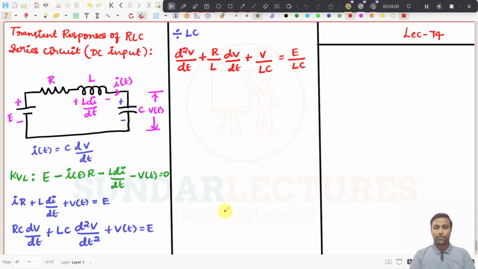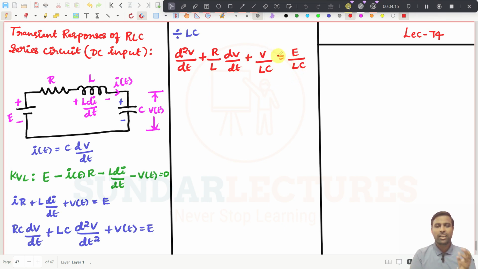This is the expression, and you see this is a second order differential equation, and we know how to find the characteristic equation and how to solve the second order differential equation to get the value of V, right?